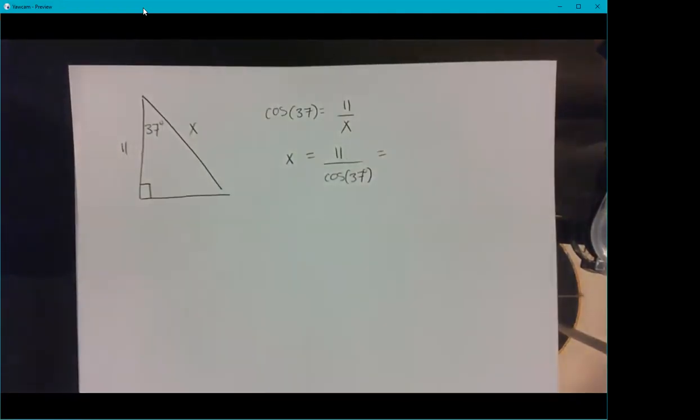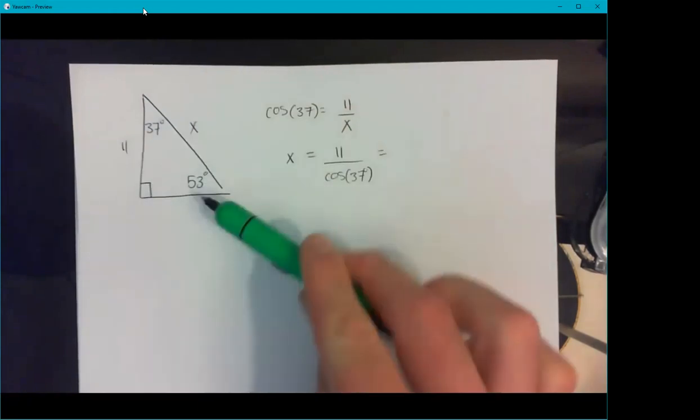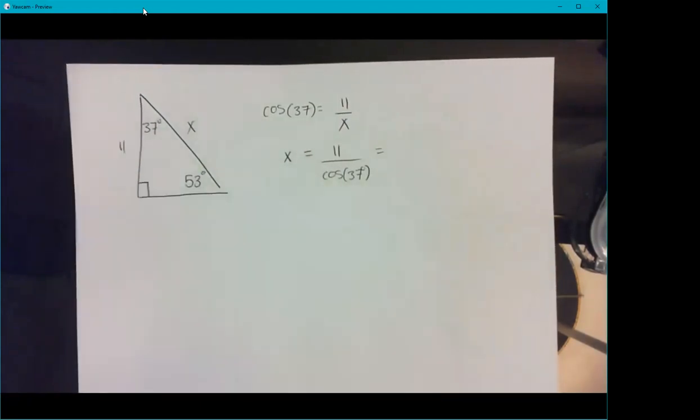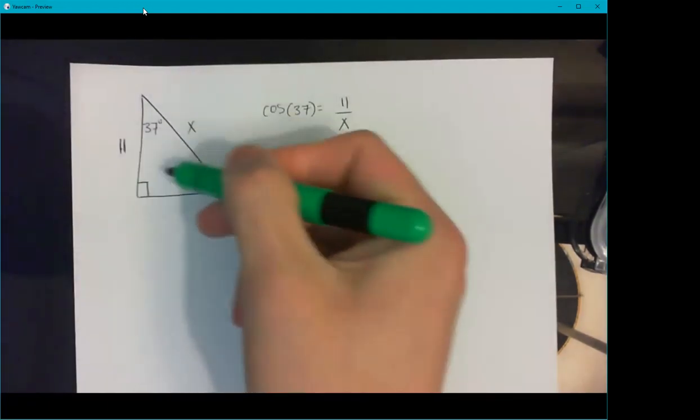Here's another way. If that angle is 37, we know that the 2 acute angles in a right triangle always have to be complementary. So if that's 37, what's the other angle? 53. This is necessarily 53. And from this angle's perspective, what is the length 11 called? Opposite, and we want the hypotenuse.